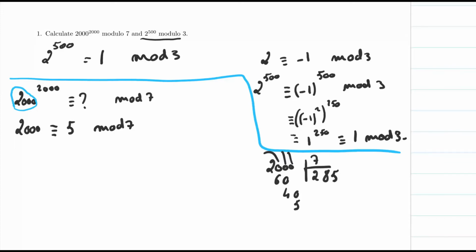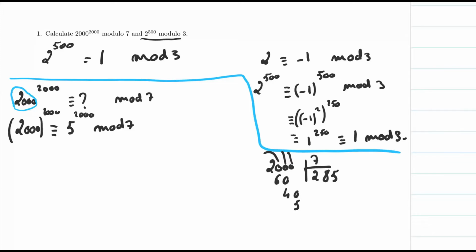So I can say 2000 is the same thing as 5 modulo 7. And by the properties I already know for congruences, if two elements are congruent modulo 7, when I raise them to some power, they remain congruent modulo 7. But it's still hard because 5 to the power 2000 modulo 7 is complicated to calculate. I prefer something of the form 1 to the power something or negative 1 to the power something.